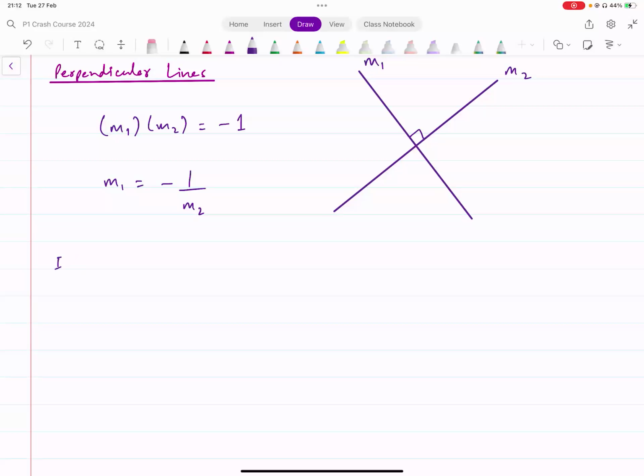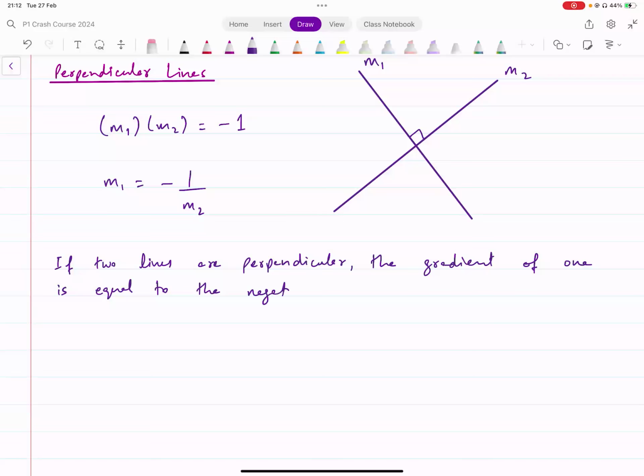If two lines are perpendicular, what that means is the gradient of one is equal to the negative reciprocal of the gradient of the other.